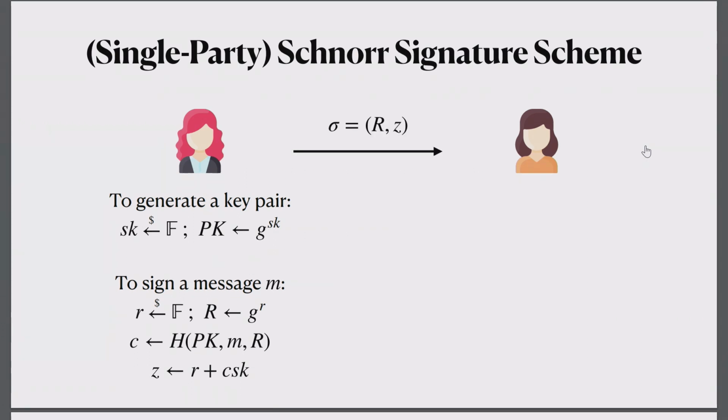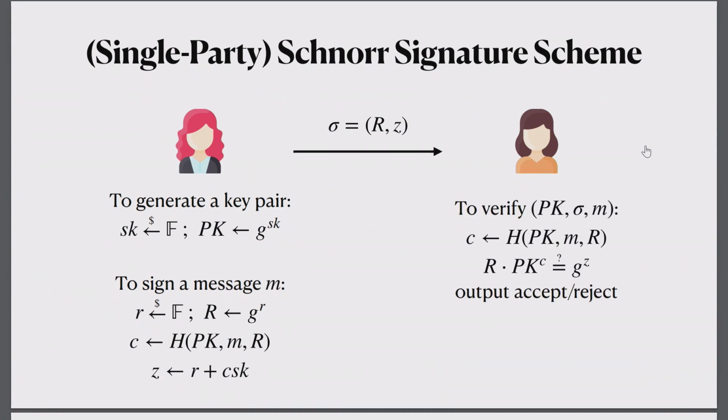The full signature consists of her nonce R and the little value Z. The verifier can check the signature as follows. So first, it computes the hash value, taking as input the key, the message, and the nonce, and checks this verification equation. You can tell that this basically looks exactly like the equation for Z if you took some generator G and raised it to that value. The verifier then outputs accept if this equation holds.